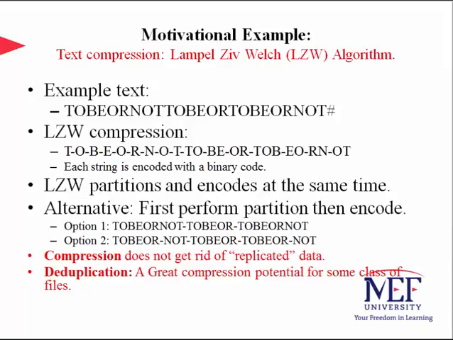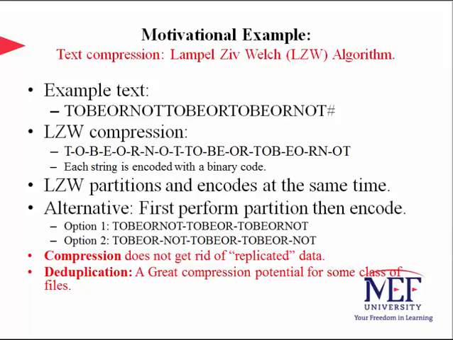Alternative to this text compression technique is to perform the chunking, or breaking the text into subtexts or strings, that's what we call chunking, and then encode it later. As you can see, there are two options shown that breaks the text into similar strings, but this time longer than the ones that LZW creates in general. LZW is a compression algorithm, and it does not get rid of the replicated data so easily.